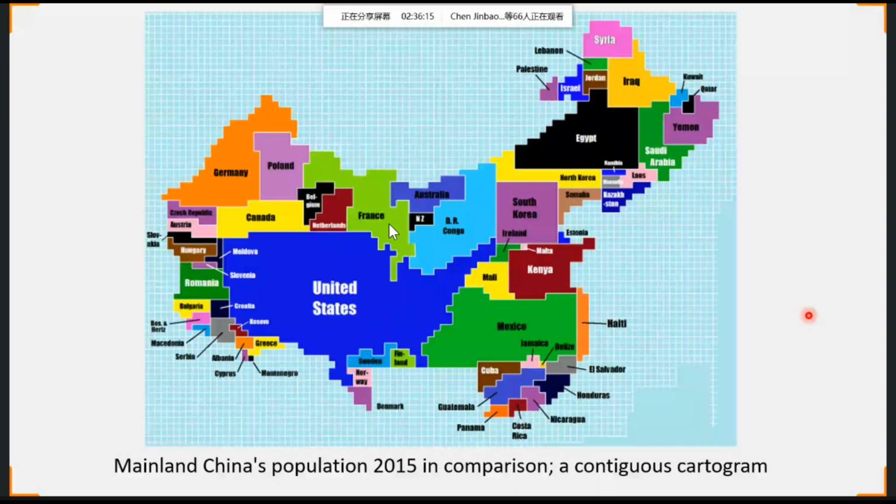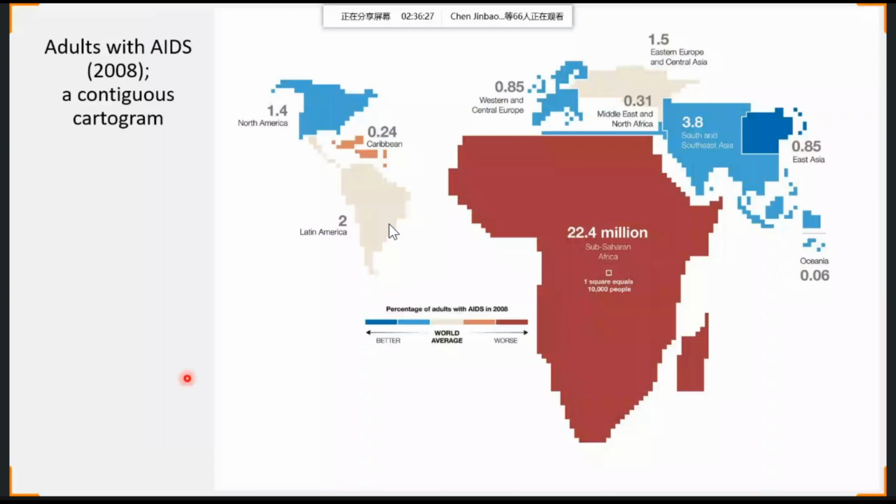But it's the same principle here with the grid system, and each grid cell represents a certain amount of people. This is about the AIDS virus. You see the big problem here in sub-Saharan Africa. So this small area here, this is Northern Africa, and this is the whole rest of Africa.